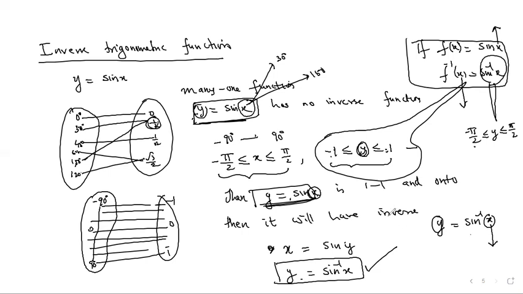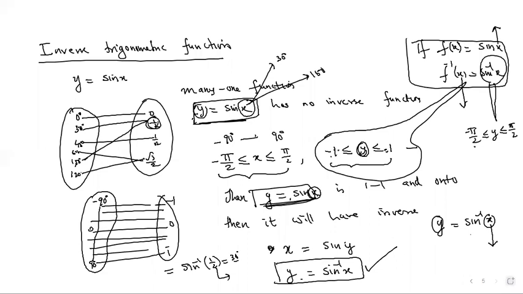Yes, sir. So, for example, if I write sin inverse of 1 by 2, its value is an angle, 30 degrees. But the value of x here is a number, and the value of x is between minus 1 and plus 1. And the value of the angle is between minus 90 and plus 90.